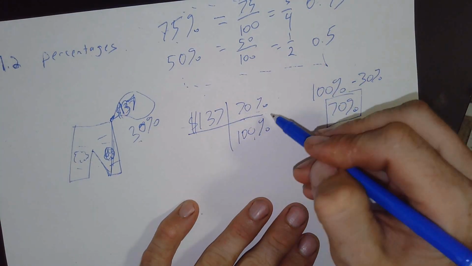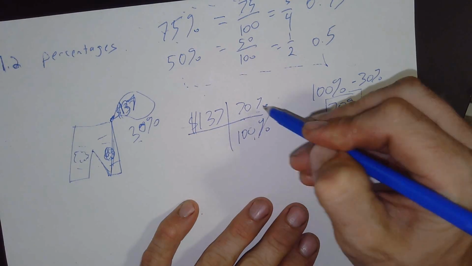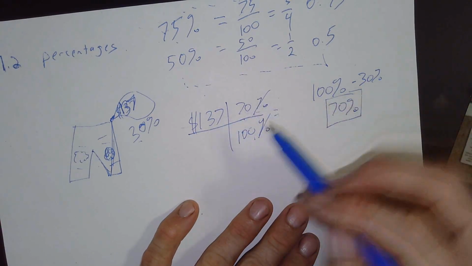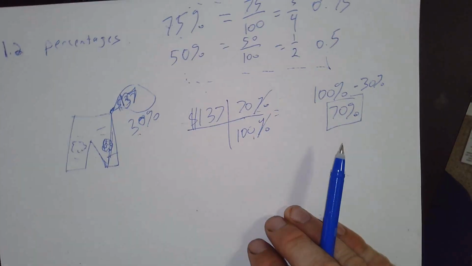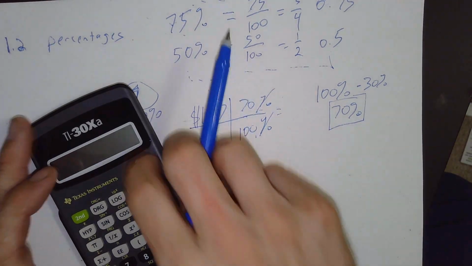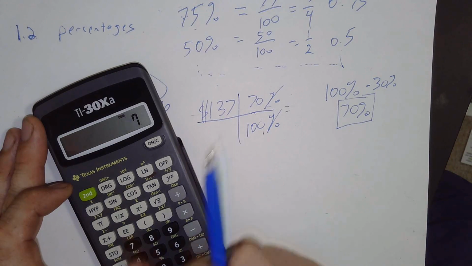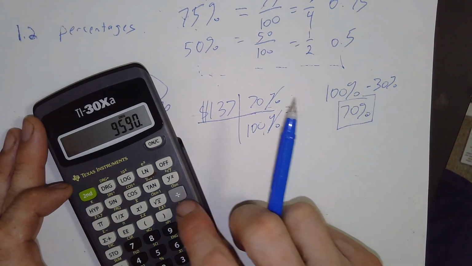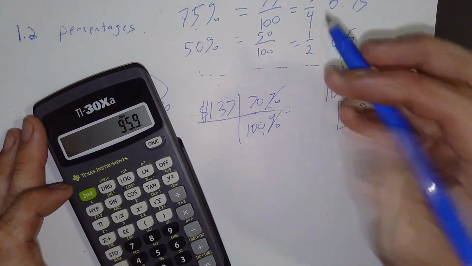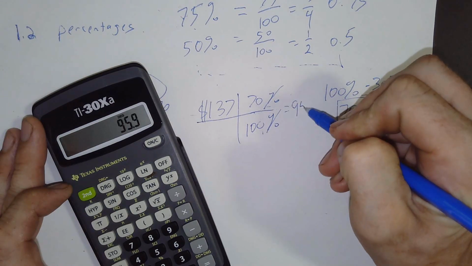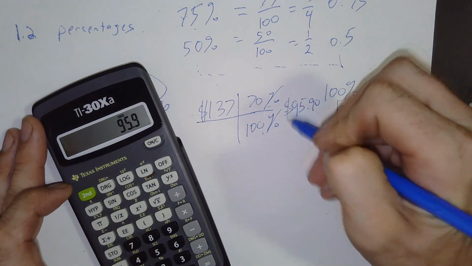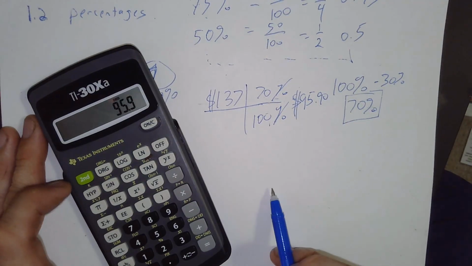And the percentages cancel out, and you could do something real lengthy like this. This is the actual math. 137 times 70 divided by 100, and this would be $95.90.